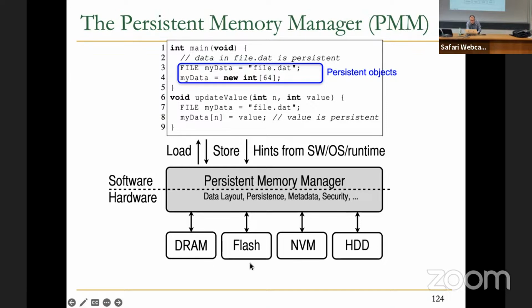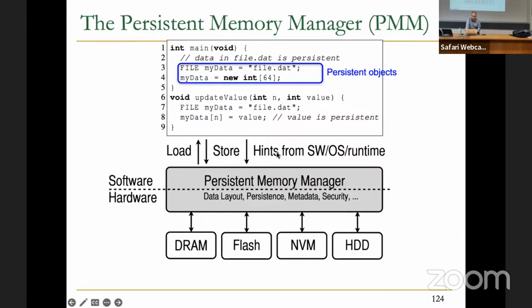You have different memory modules like DRAM, flash, NVM, and HDD, different memory technologies, and they are all at the hardware level, but you are unifying the interface as a persistent memory manager. You access this persistent memory manager with load and store, and this manager will access DRAM, flash, NVM, and HDD. So the processor will only see load and store in the end.